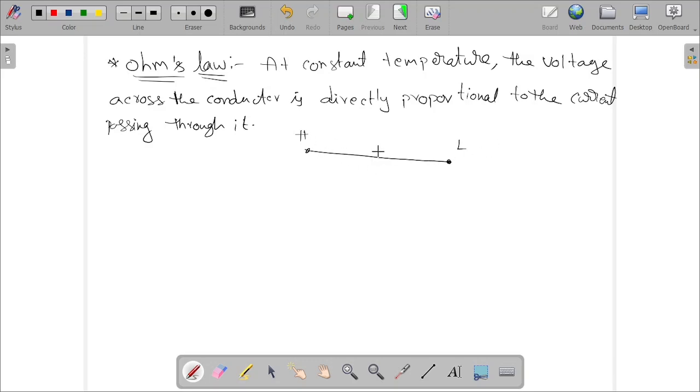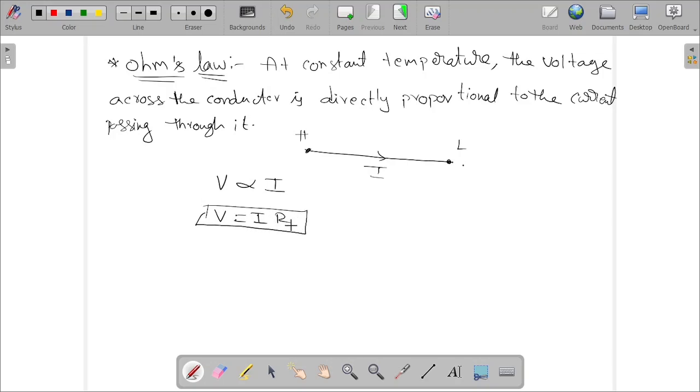Only when there is a difference in potential will current pass. So according to the statement, voltage is directly proportional to the current. From this, V equal to IR.